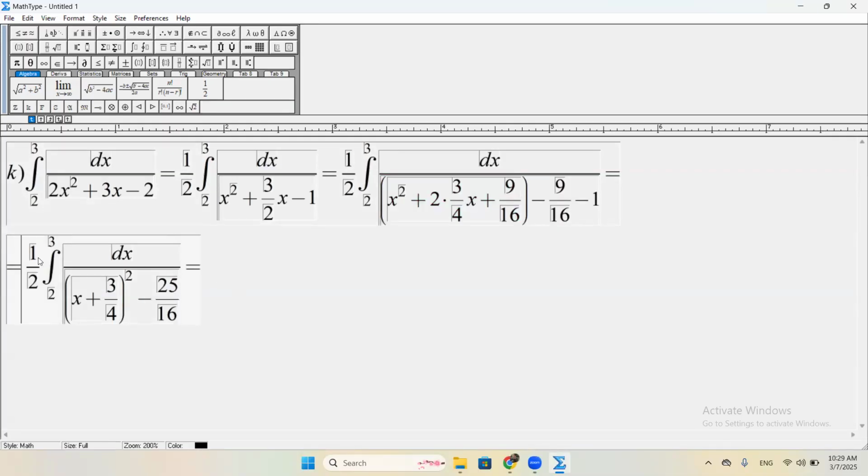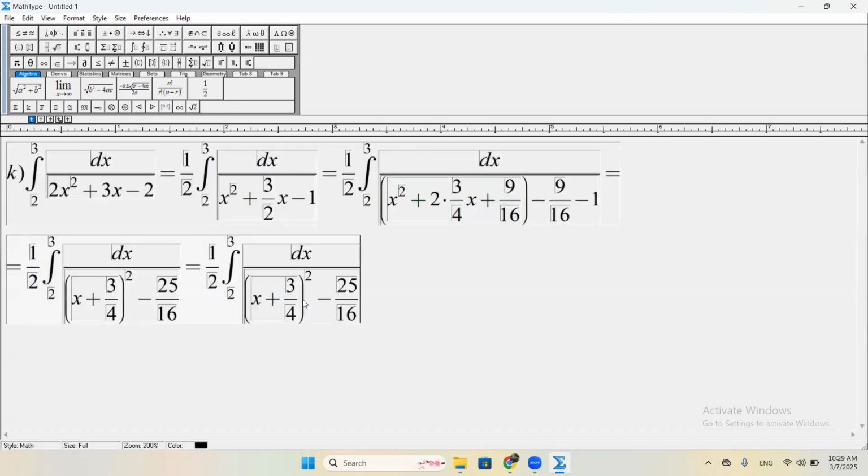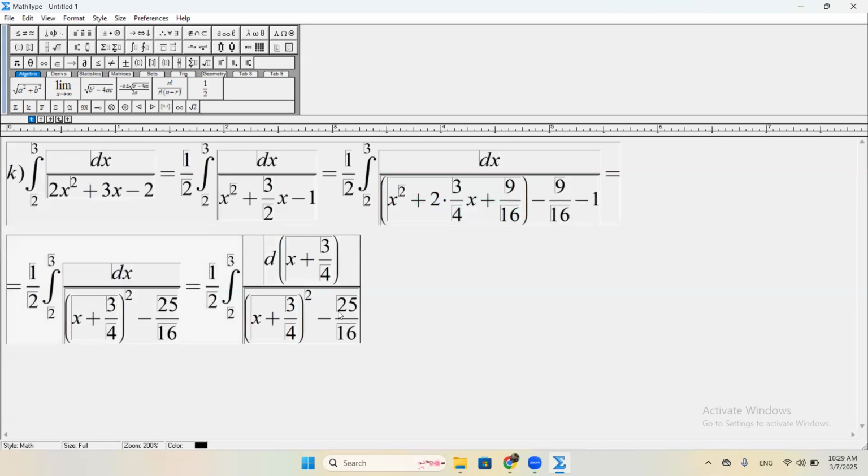And now let's rewrite it as well. So here we have the differential of this expression, so it is equal. And here it is the square of 5 over 4.